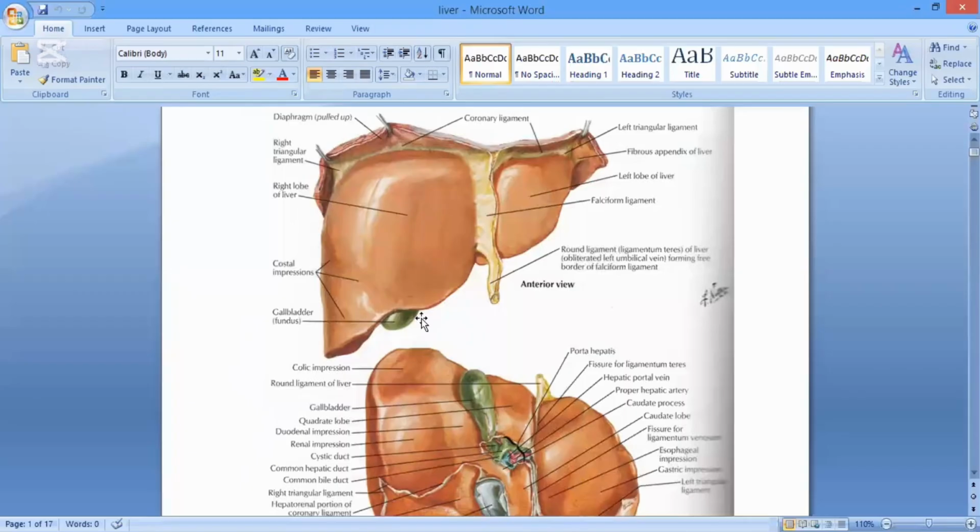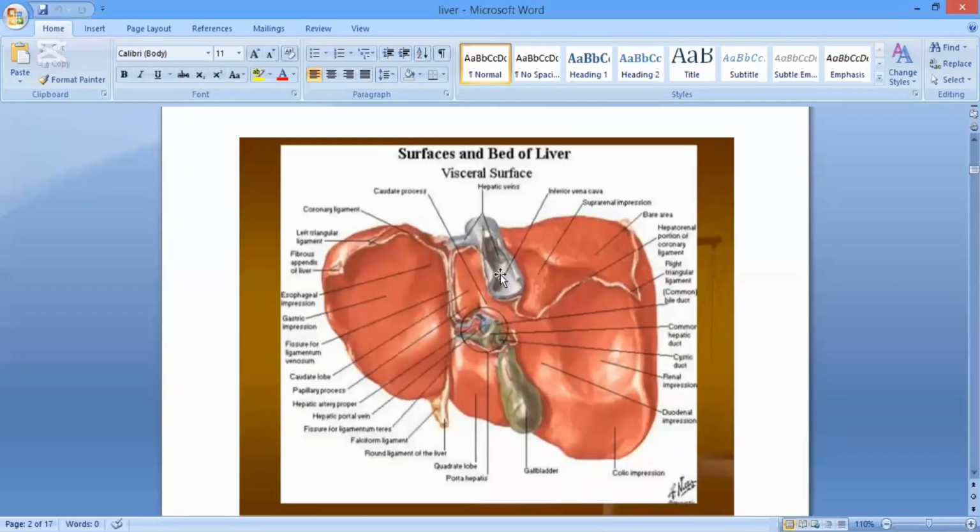Yes, son, this is what I am telling you, that the right and the left lobes are internally separated. When we talk about the segments, you will have the detail of how they are separate, because this line of fissure, the right sagittal fissure, is basically the demarcation line.